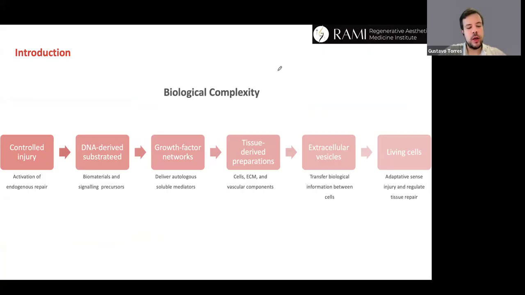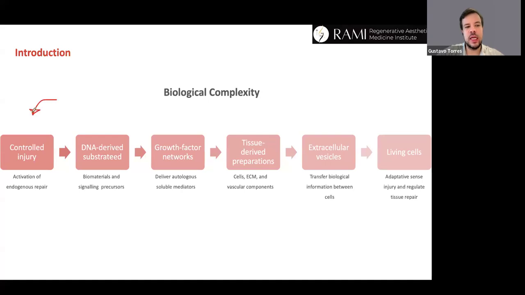Before we go on to the types of therapy that are normally proposed, and I've selected the ones I find more important for you to understand, I wanted to show you a bit of the idea behind the true mechanisms of each one of those therapies. And normally, and this was a question we have discussed in the previous webinars, the regenerative world starts with controlled injury.